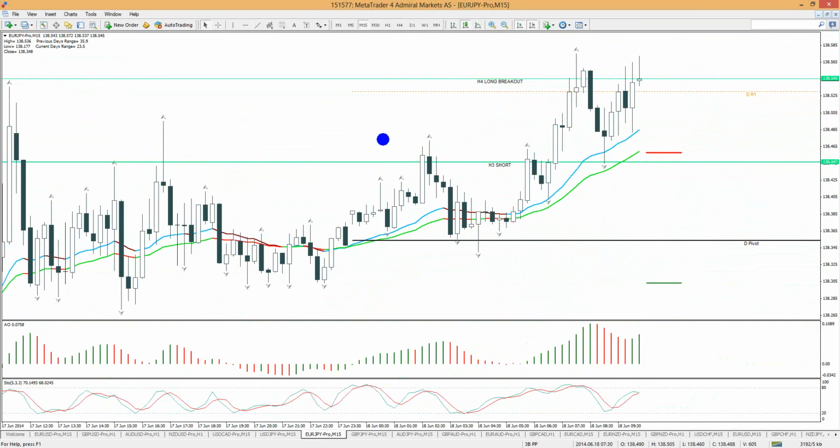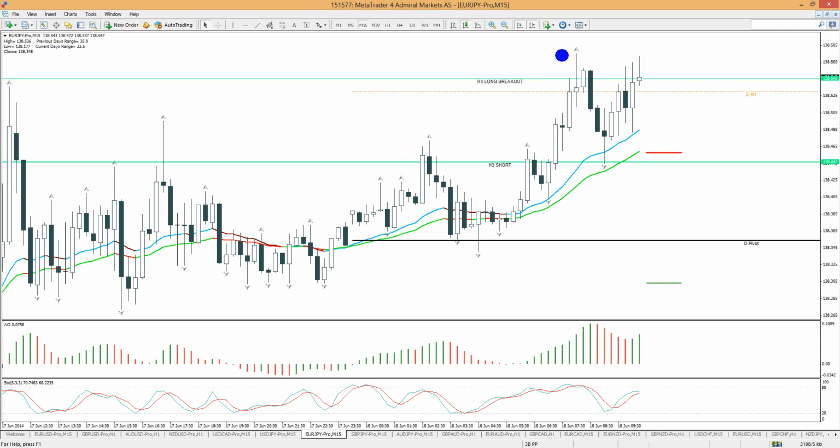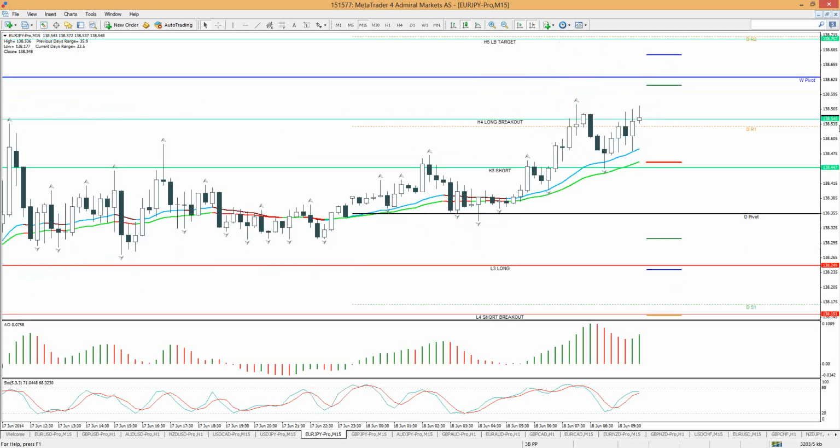You see, this is a good breakout right here on the euro yen, but I wouldn't want to take this breakout. What could be good is the bounce off the moving averages. So the breakout, the two blue circles are good, the breakout and the bounce. But this second breakout, where I have the green line, is not so interesting to me because we got a weekly pivot close by. So this and this are different stories because we still have space. This, not so good because it's too close.